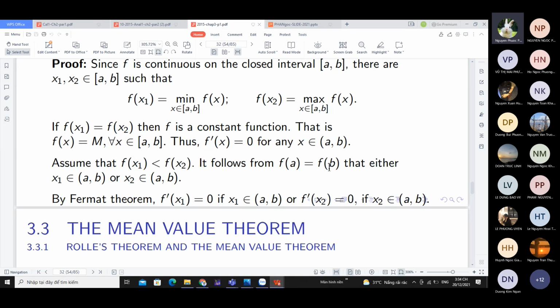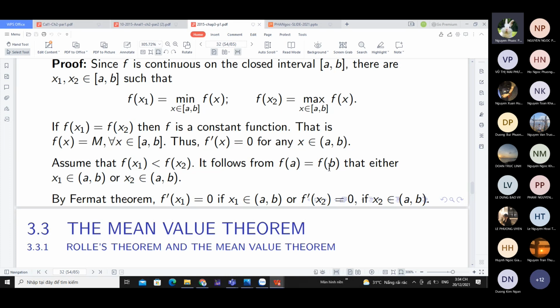Moreover, f(a) equals f(b). And that's why at least one of them, I mean x1, x2, at least one of them, or maybe both of them, belongs to the open interval (a, b). So here, for example, x1 belongs to the open interval (a, b).